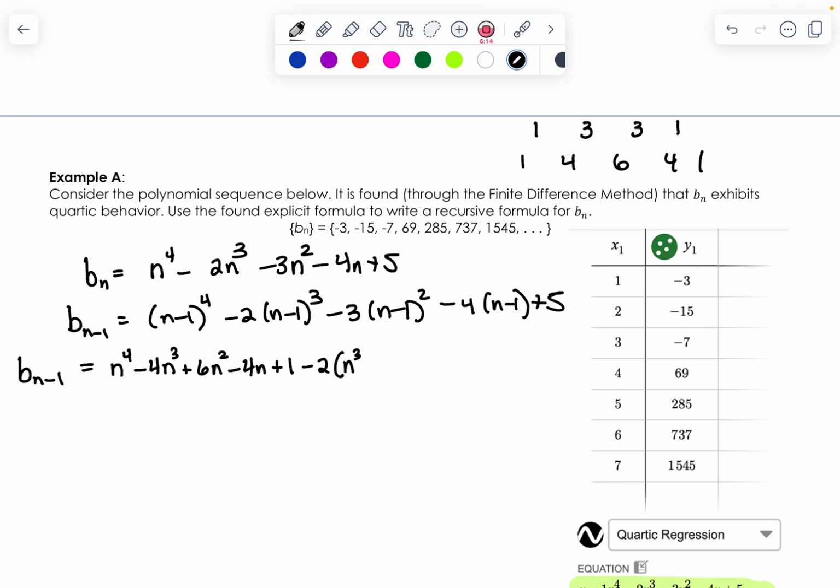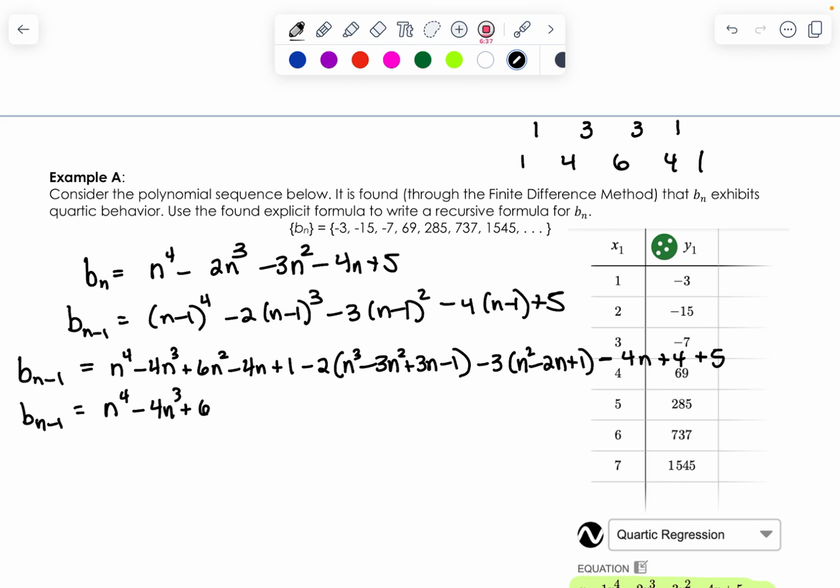This will be n cubed minus 3n squared plus 3n minus 1 minus 3 times n squared minus 2n plus 1 minus 4n plus 4 plus 5. Do not combine like terms, okay? Because that's going to muddy what we're trying to do. So what you're going to have to remember is after you distribute, we do not combine like terms.